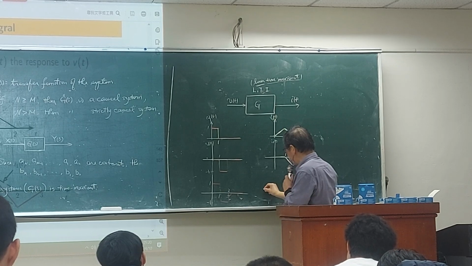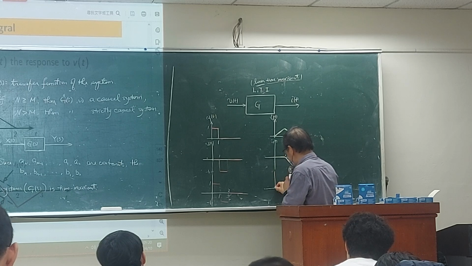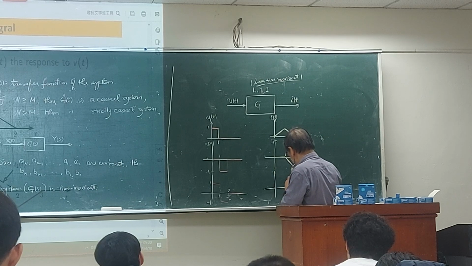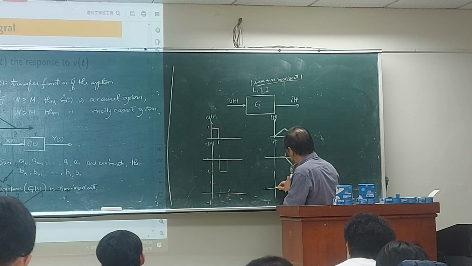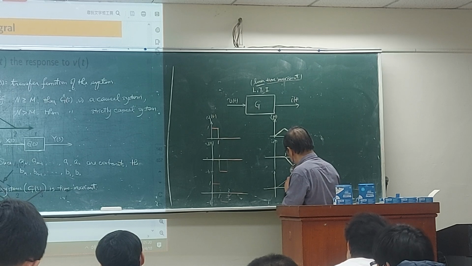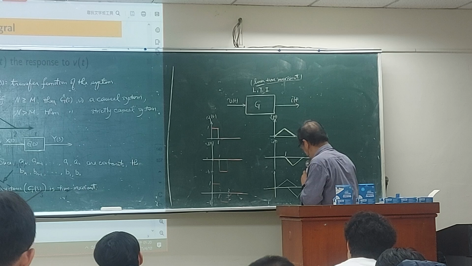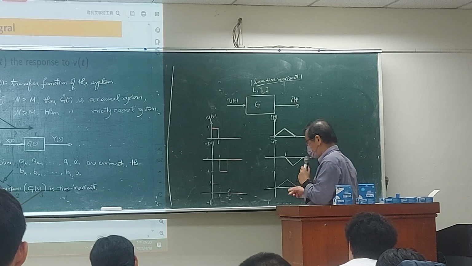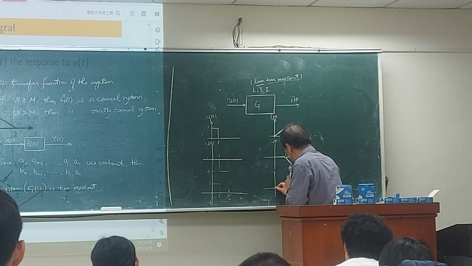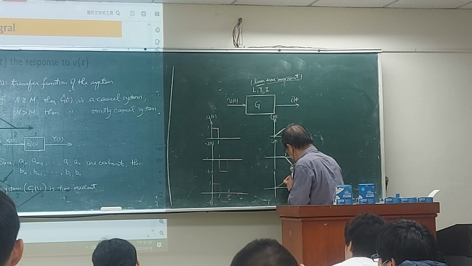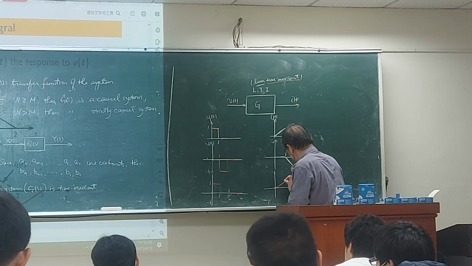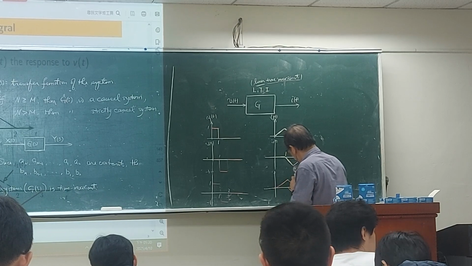So the output is simply the combination of the first output. So I can add them up. So the first signal is here. And then the second signal is here. And then I add them up. So I have this guy plus this guy.